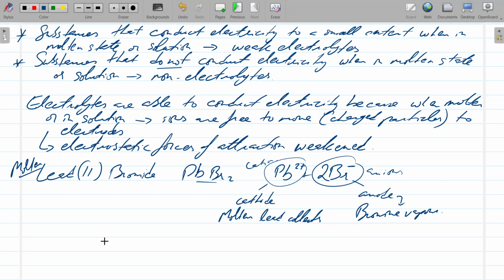You have PbBr2 being converted into bromine gas, Br2 gas, and lead, which is a liquid. So it's in molten state, and this is also in molten state.